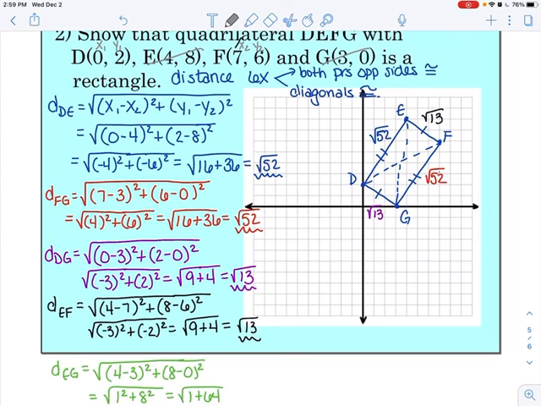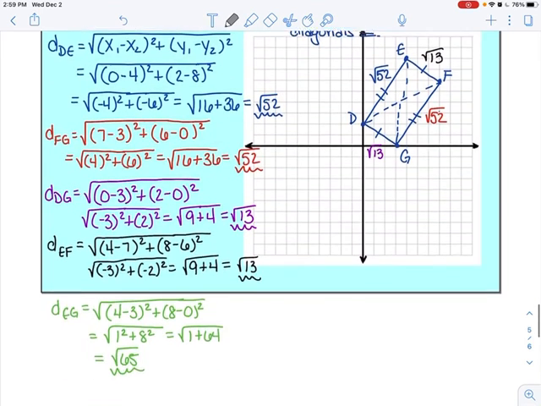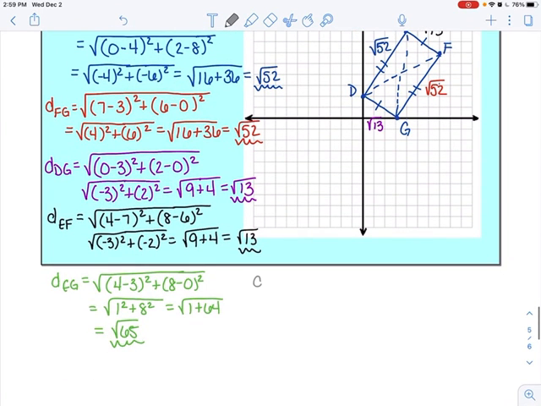Again, I'll scroll down and write it right to the right. Again, you can still see the coordinates on your piece of paper. Okay, so this is the distance of DF. So again, we're doing X1 minus X2. So 0 minus 7 squared, a plus sign from the formula itself, and then 2 minus 6 squared.